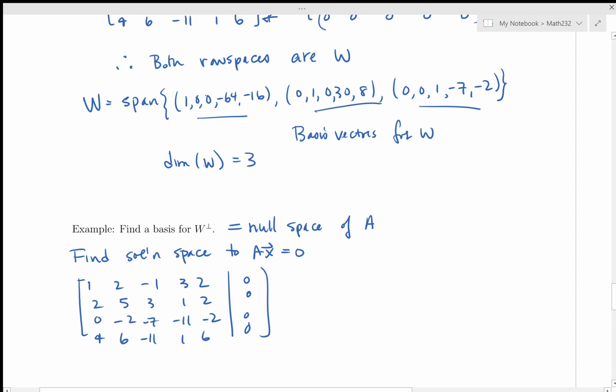But I've just done that. So that row reduces down to this guy here. That column of zeros just stays there. Nothing is going to change there when we're doing the Gaussian elimination.